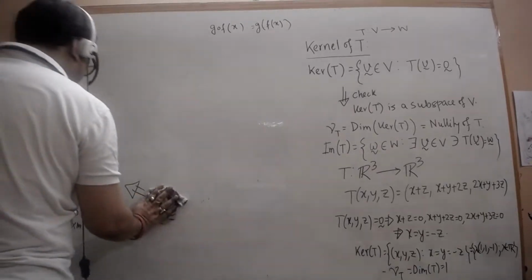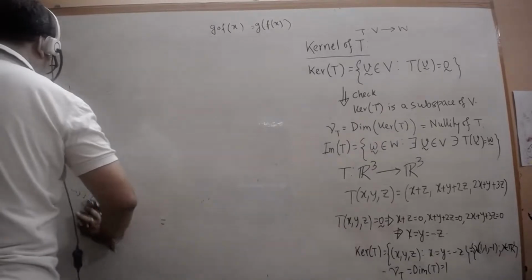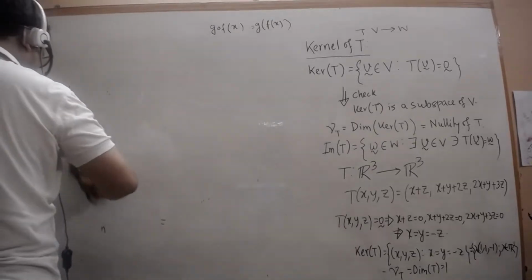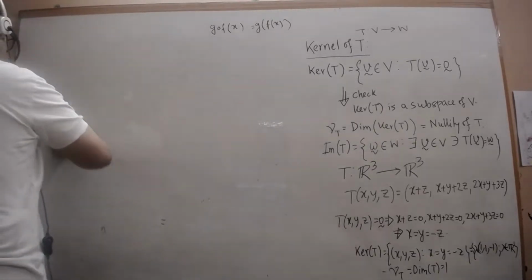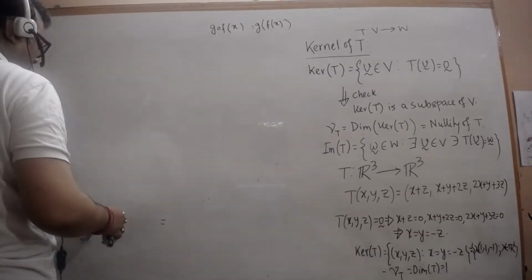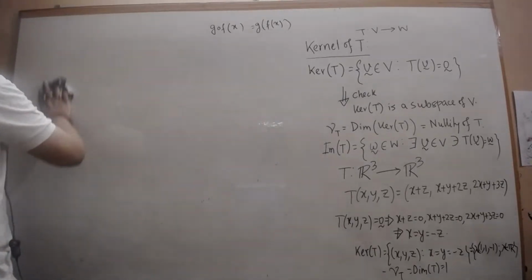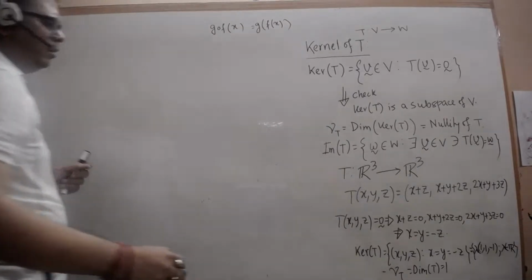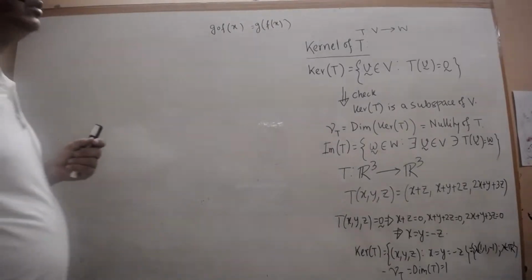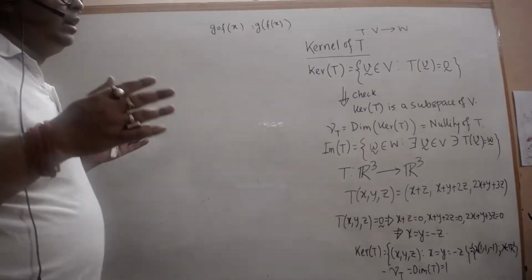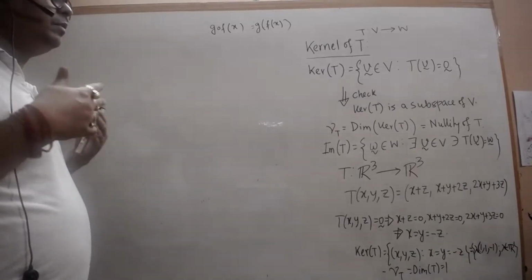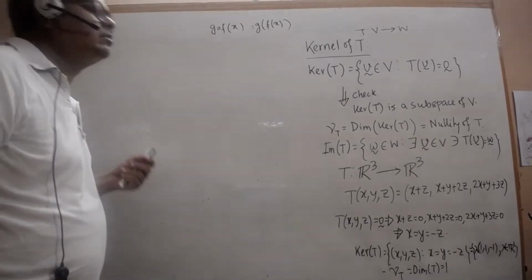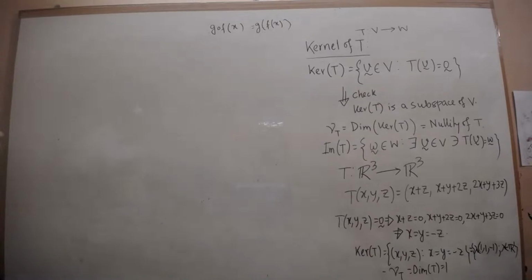These are all the same thing, in particular if you consider Rn. So the set of solutions of a system of homogeneous equations is an example of a kernel.